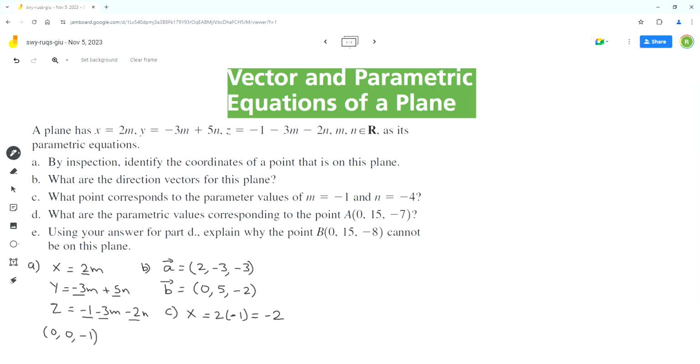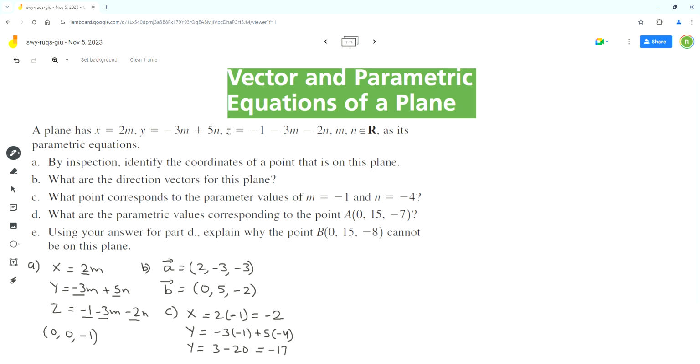Now we can find the y coordinate of the point, and for that we'll sub in m as negative 1 and n as negative 4 in the y equation. I get y equals negative 17.